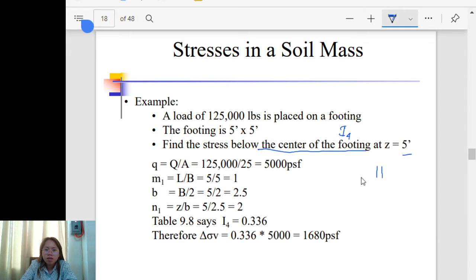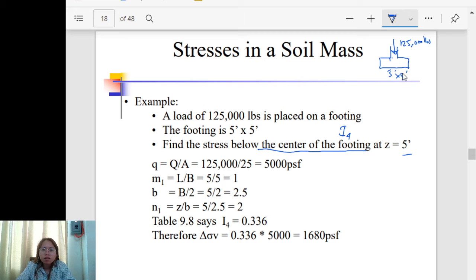The representation of that is you have here the footing. Okay, footing. This is 5 feet by 5 feet and you have the concentrated load which is equal to 125,000 pounds.